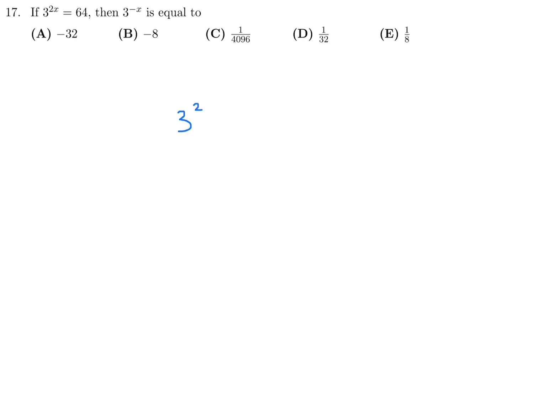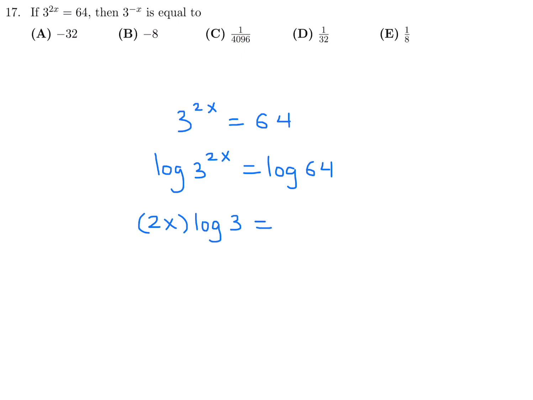If 3 to the 2x is equal to 64, then what is the value of 3 to the negative x? I use logs, it just makes it easier. And here, if you're in grade 11, I'm certain you know logs by grade 11. Log of 3 to the 2x is the log of 64. And then, of course, by log rules, the 2x comes out front. You have log of 3. And these are all to the base 10, right?